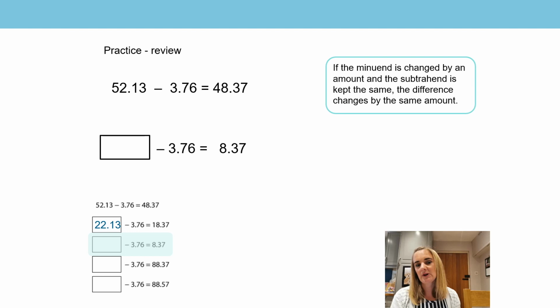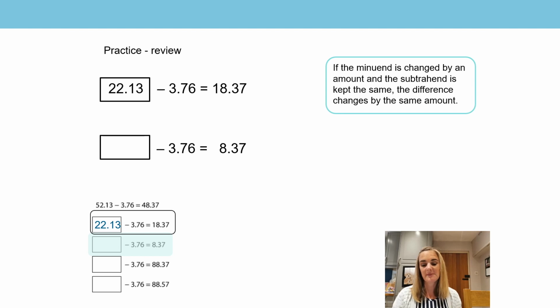Are you going to look at the original calculation, 52.13 subtract 3.76 is equal to 48.37, or are you going to use the one you've already just solved? I decided that because the one just above it, the 22.13 here, is only 10 more than the 8.37, I would actually use that calculation. So I'm going to focus on this one to help me solve it.